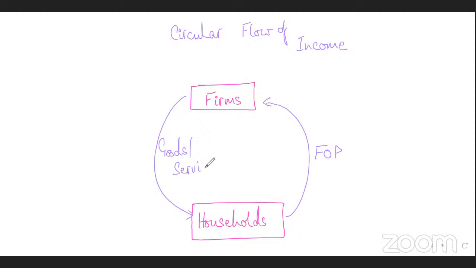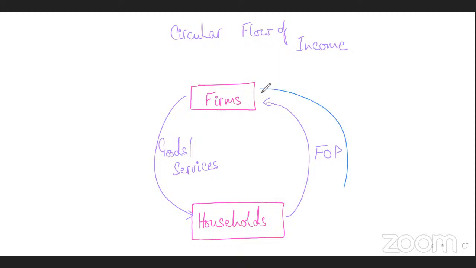That's why goods and services are flowing from firms to households. Easy, good, okay. So the first circle is showing you that households transfer resources to firms, and then firms use those resources to produce goods and services and transfer these to households. Okay, fair enough.